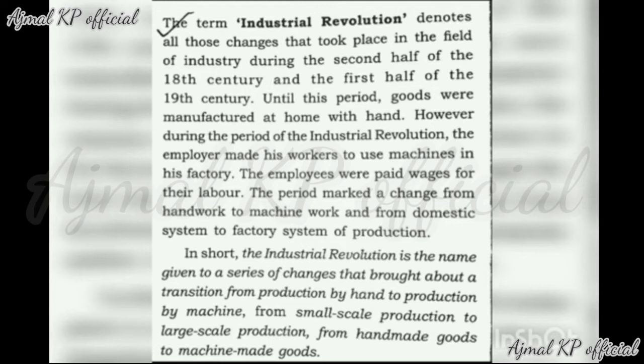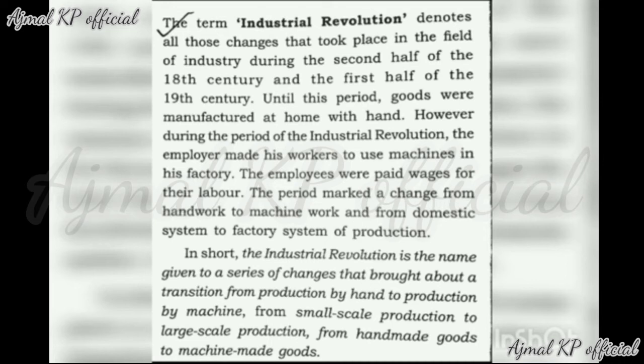In short, the Industrial Revolution is the name given to a series of changes that brought about a transition from production by hand to production by machine, from handmade goods to machine-made goods.